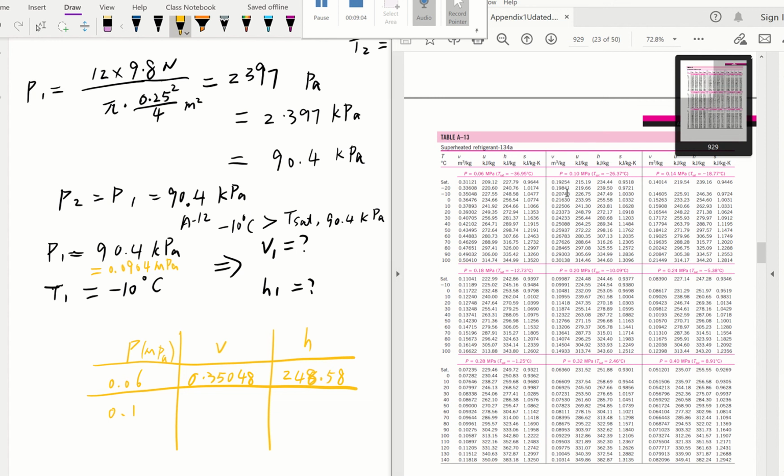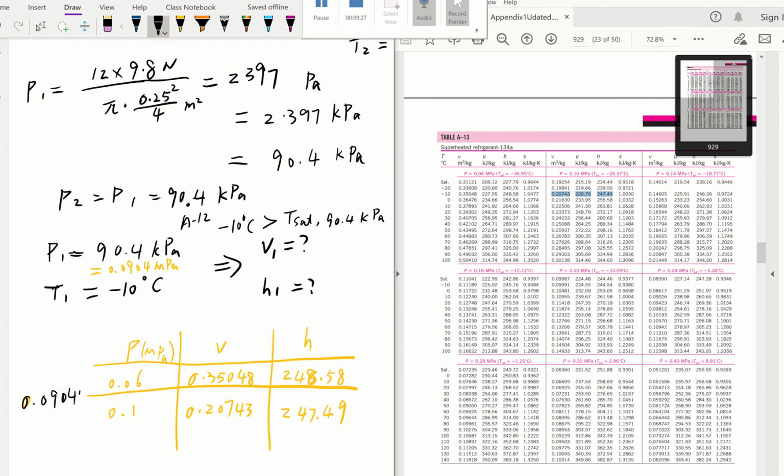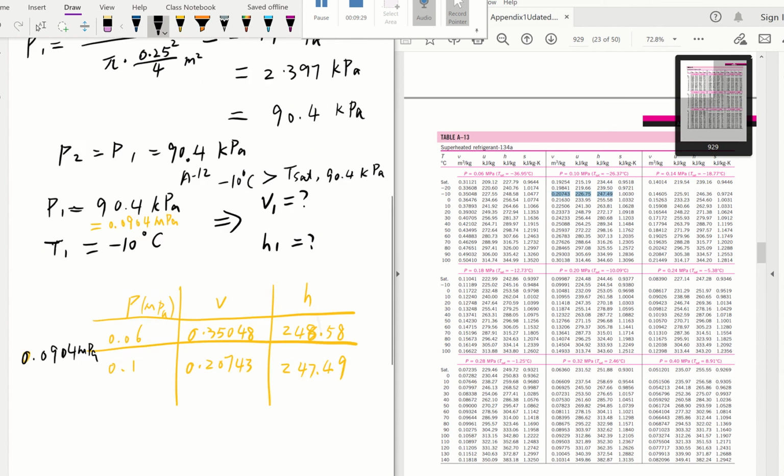Then we use 0.1 megapascal: 0.20743 for V, and H will be 247.49. That's our V and H. And remember, what we're trying to calculate is at 0.0904 megapascal. So how do we do that?